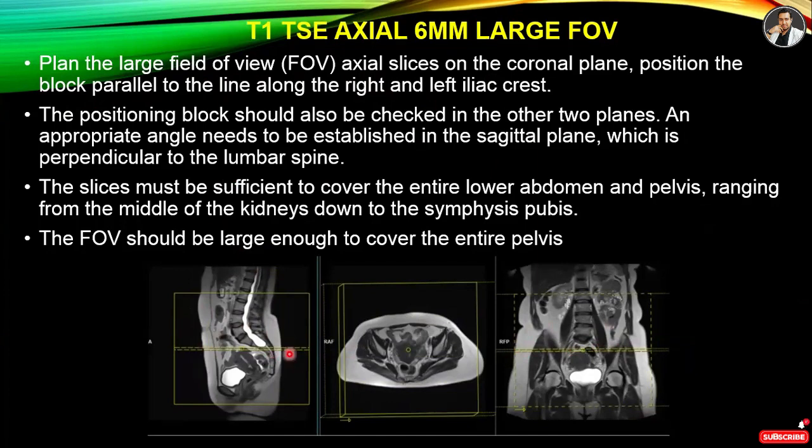This is the optional protocol. If you want to see the radial axis, you can see it from above, or you can cut it from above or from the kidney. Then you will need to give this. The field of view should be large enough to cover the entire pelvis. The pelvis will come and the kidney will also come.